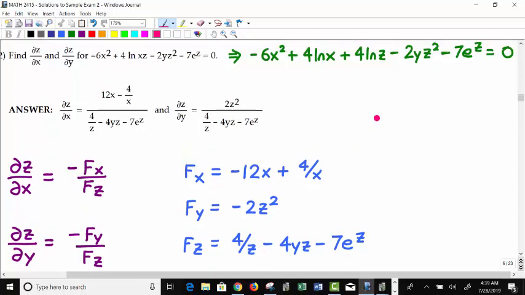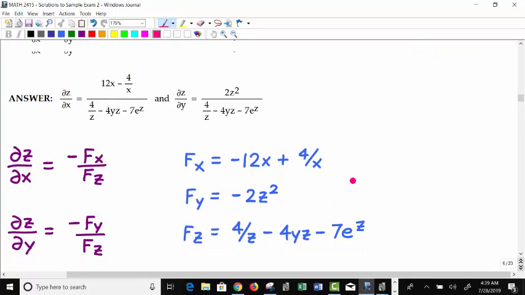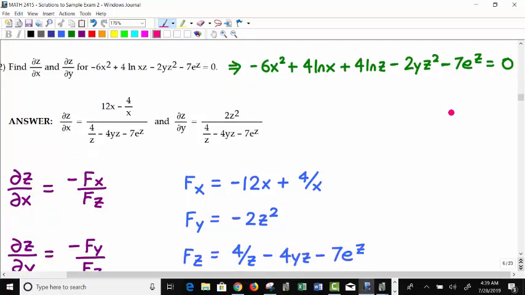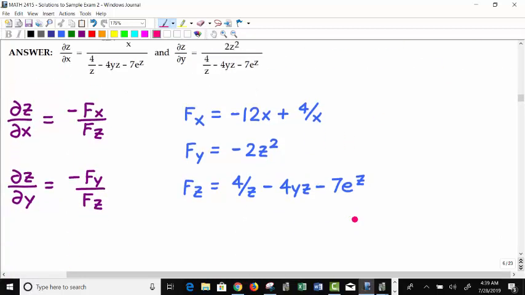So it's 4 over z. And the derivative of z squared will be 2z, so it makes it negative 4yz. And the derivative of e to the z, now it's just z, so you don't have to worry about the chain rule. If it was e to the z squared or something, you'd have a 2z in there. But the derivative of negative 7e to the z would just be negative 7e to the z.